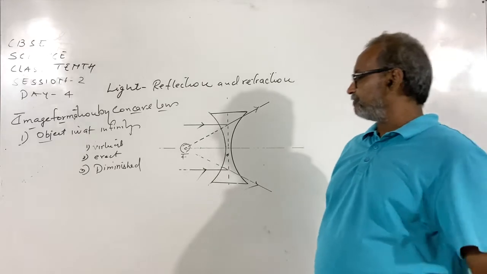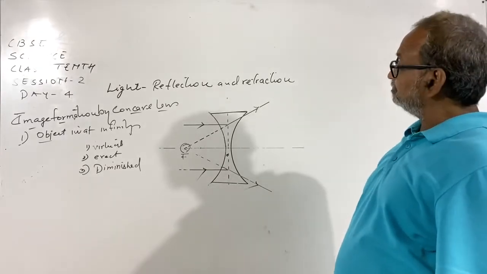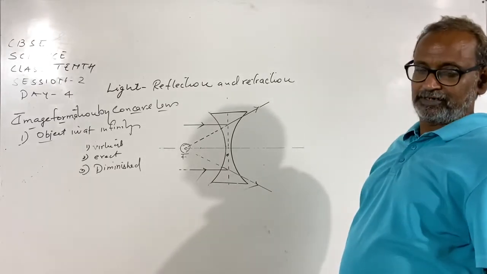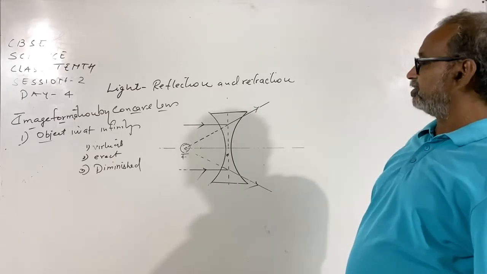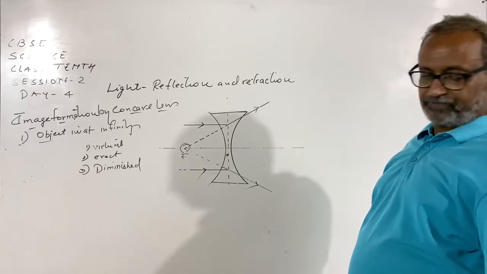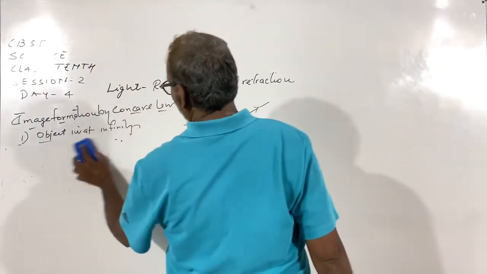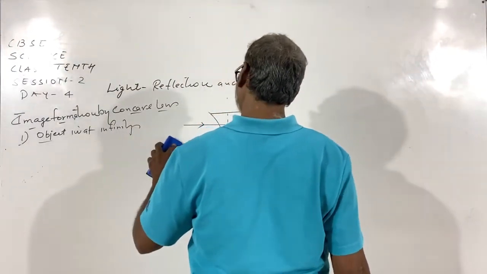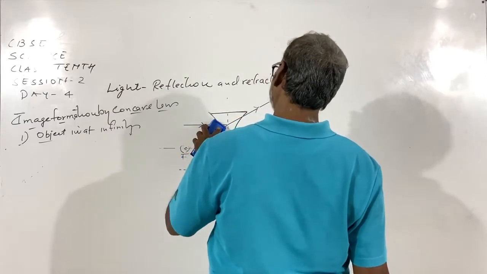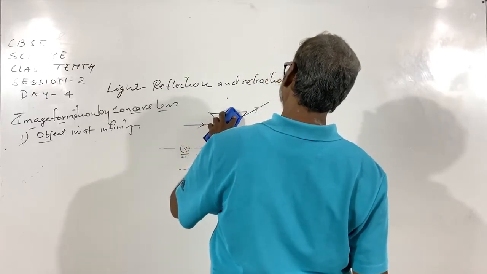Now let us see whether the nature of the image will change or not if the position of the object is changed. Now we are moving the object closer to the lens.